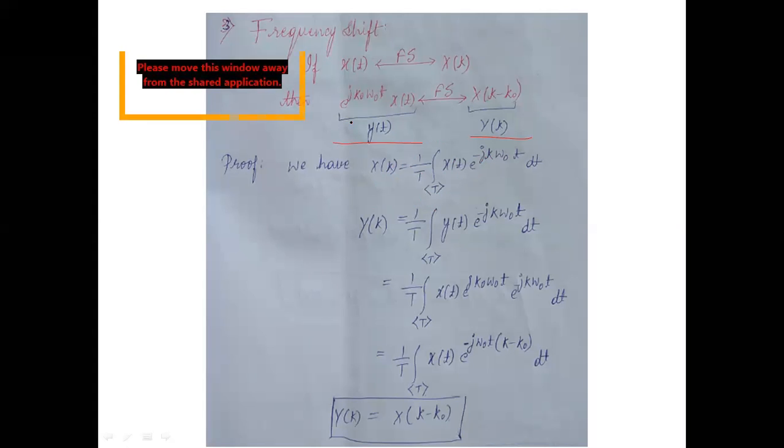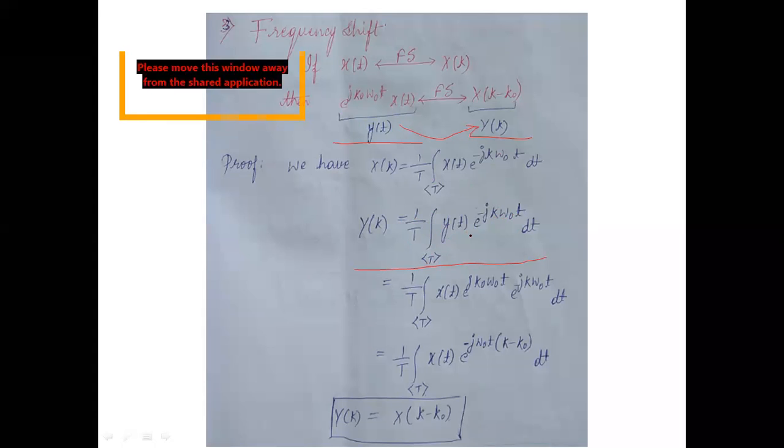Now the signal which is being changed in the time domain, let me call that y of t, and its corresponding Fourier series coefficient I will take as y of k. Based on the first expression, I'll write the expression for y of k. So y of k is given by 1 over t integral over one period y of t into e raised to minus j k omega naught into t.